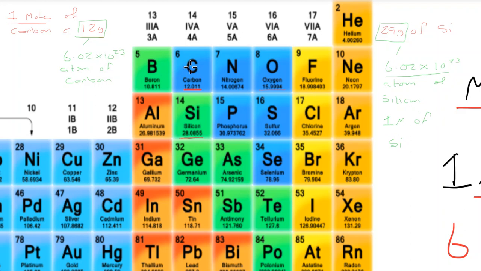So it's very important that we're able to weigh out accurately the number of atoms of a particular product that we're interested in. What we're saying is that there's a direct link. Whatever the mass is on the periodic table for that element, if you weigh out that mass in grams, then within that weight you will have 1 mole of atoms of that particular element.